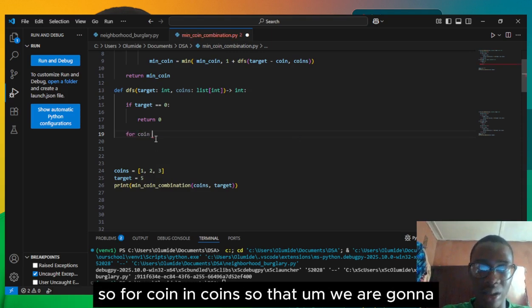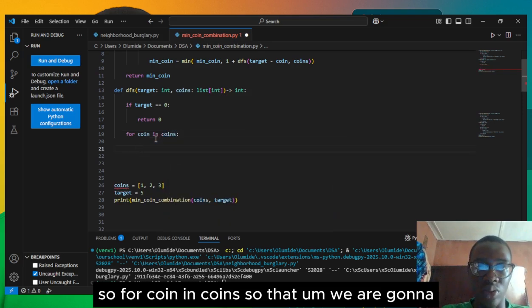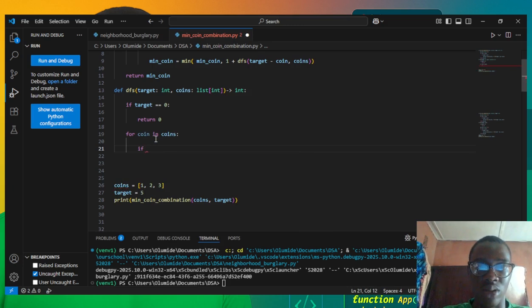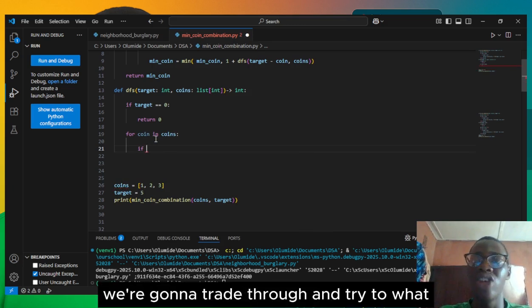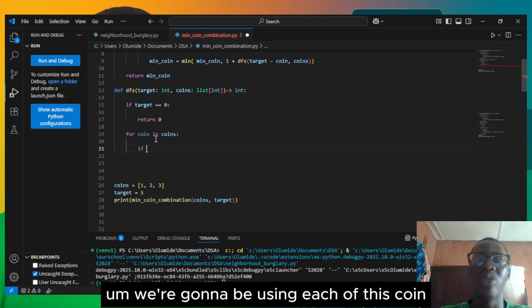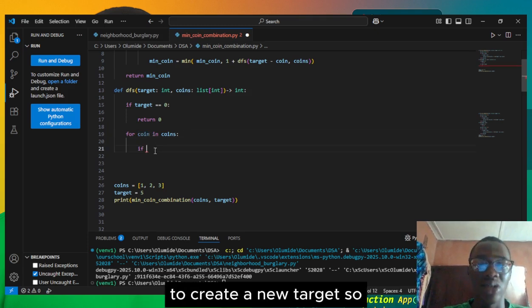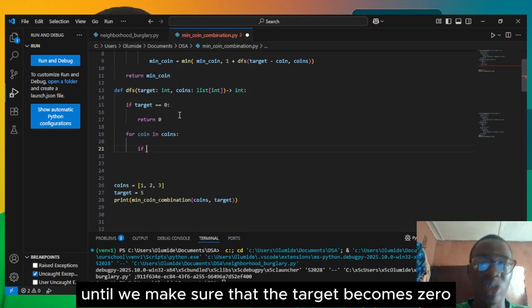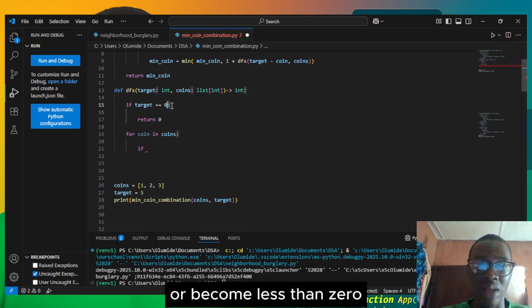So for coin in coins, we are going to iterate through and try to find sub problems. I mean, we are going to be using each of these coins to create a new target, until we make sure that the target becomes 0 or becomes less than 0.